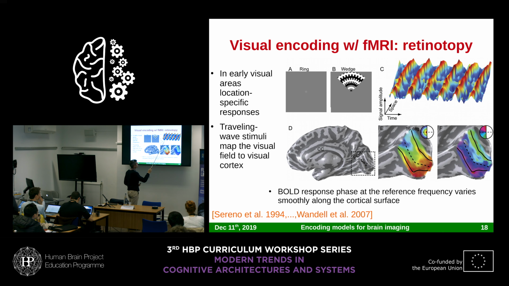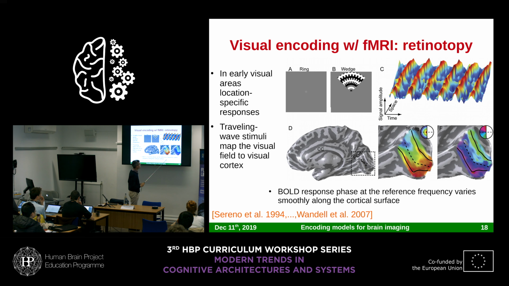So this is the time course of activity in a given voxel in the early visual areas when we show the stimuli. And all the voxels respond at the same frequency, but there are some phase differences. And the phase information corresponds here, for instance, to the location of the wedge in the visual field. For instance, the vertical position is a certain phase, while the horizontal left position would be a phase in quadrature, and so on.